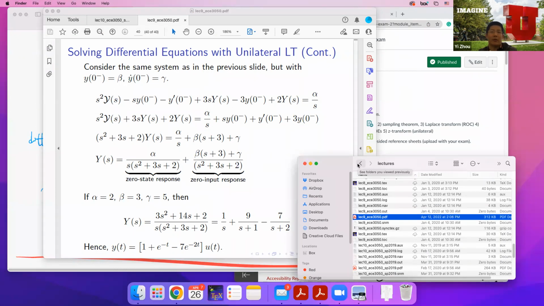I don't remember if I have one, but if we have it will be based on the basic definition, calculating the DTFT of a given signal. It will be the very basic one.